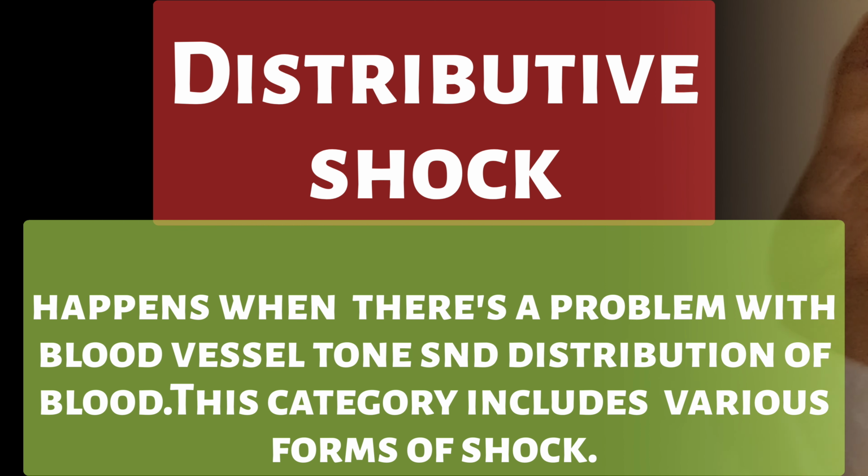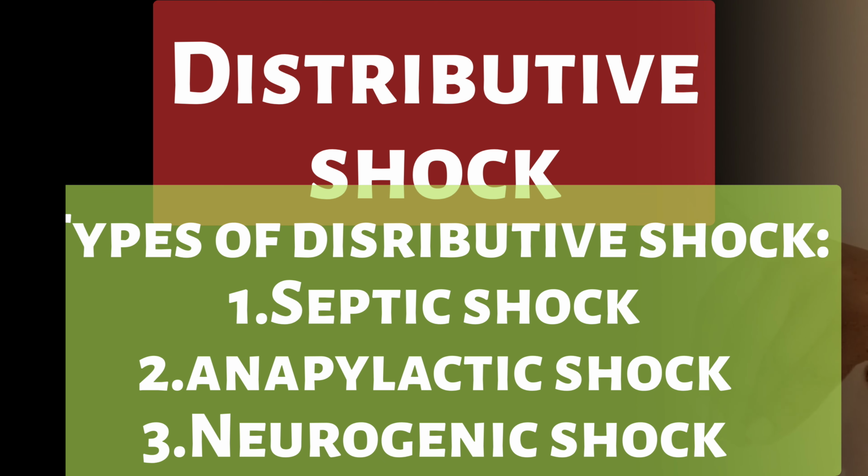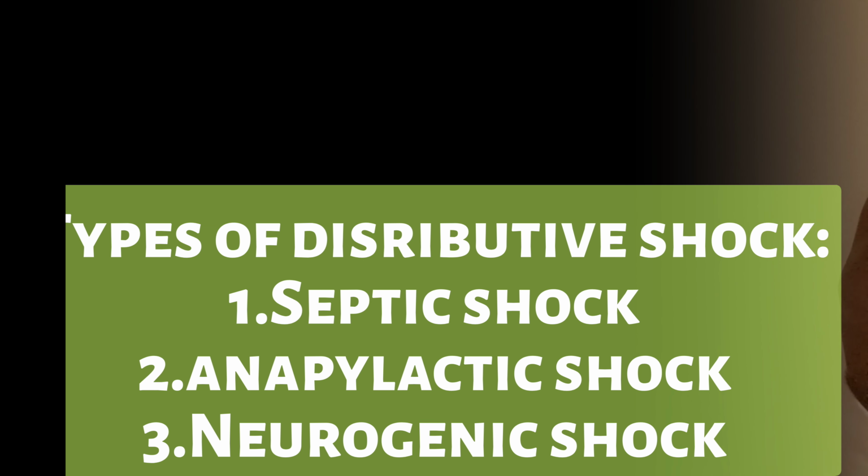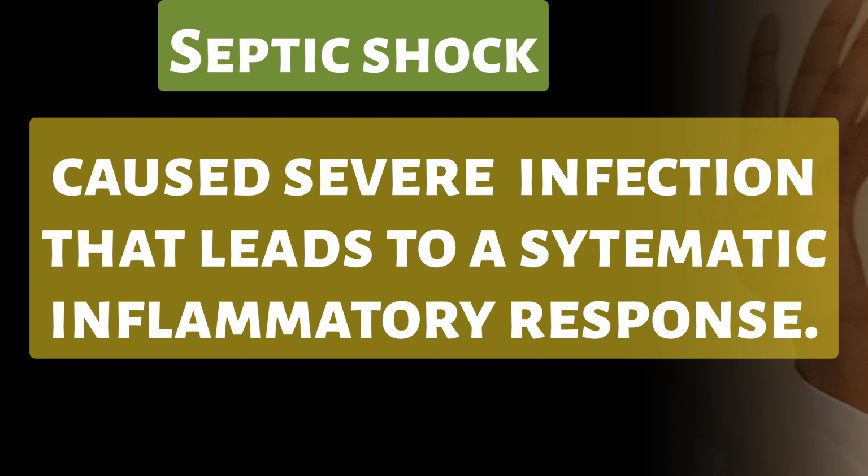It is anything that is interfering with the distribution of blood, and what distributes blood into your body, that is the blood vessels. So we are going to talk about the types of distributive shock: septic, anaphylactic, and neurogenic shock, and I'm going to touch on each one of them.